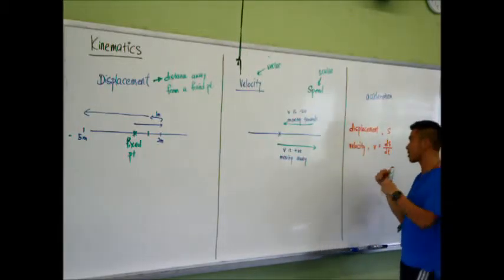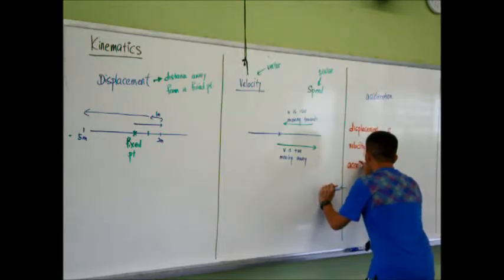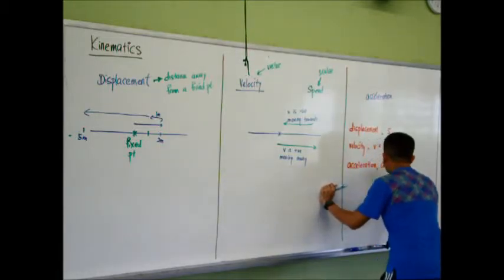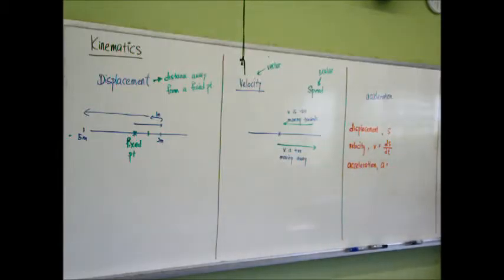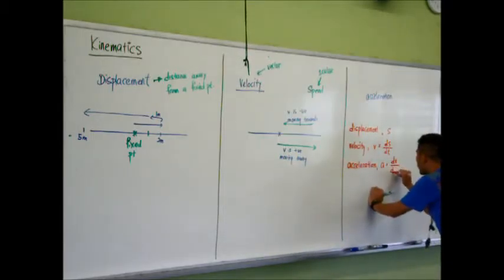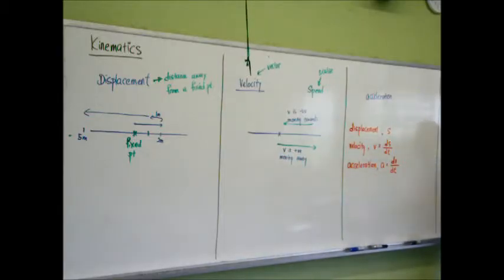Last but not least, acceleration is denoted by small letter a. Acceleration will tell you the rate of change of your velocity. Is it getting faster and faster or slower and slower? Notice they are all connected.